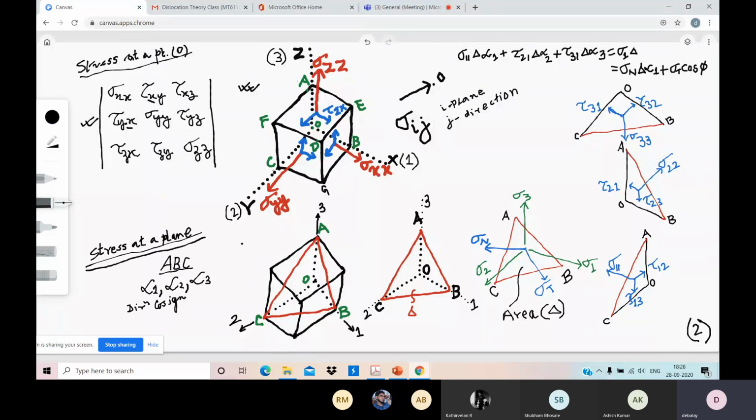So you see here, inside that body, I have drawn a particular plane in red color, which is ABC. And I want to know what is the stress acting on the plane ABC.